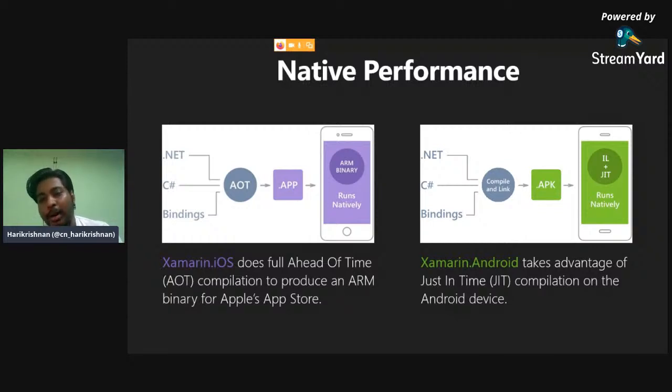So the Android takes the advantage of just-in-time compilations on Android devices, so it just gives the exact native performance on par with what it looks like when you are developing in Android technology. When it comes to iOS, it does an ahead of time compilations to produce an ARM binary for the app stores, for Apple's App Store. So that's one another advantage of Xamarin.